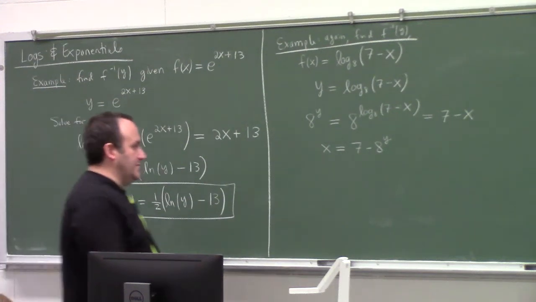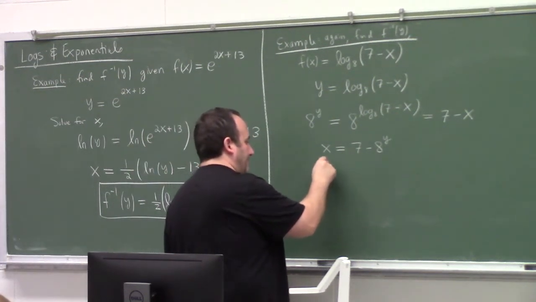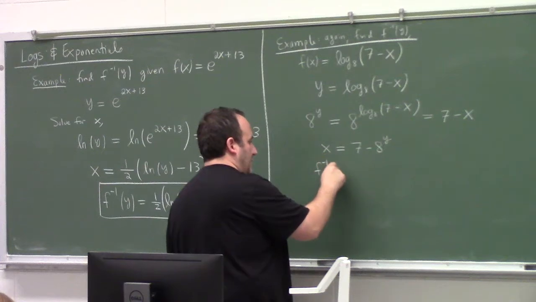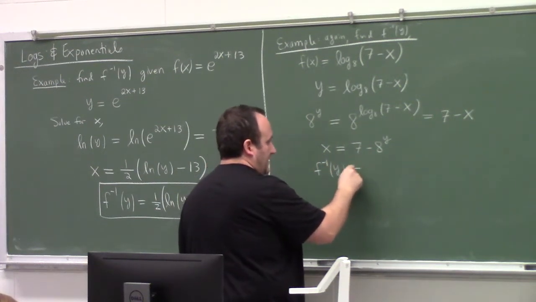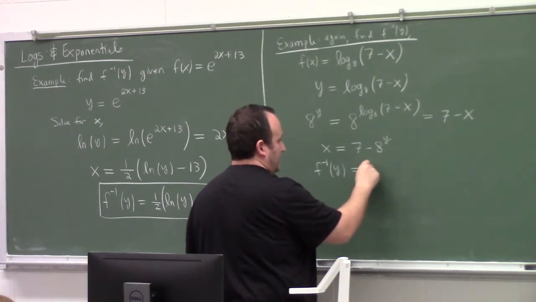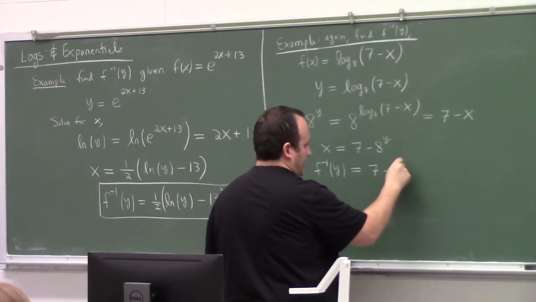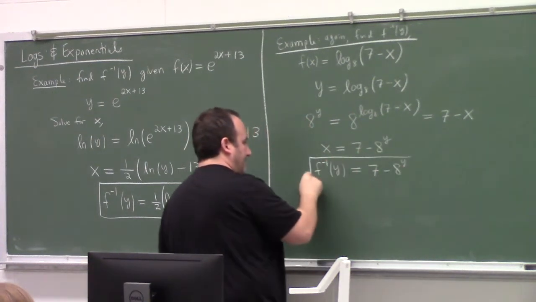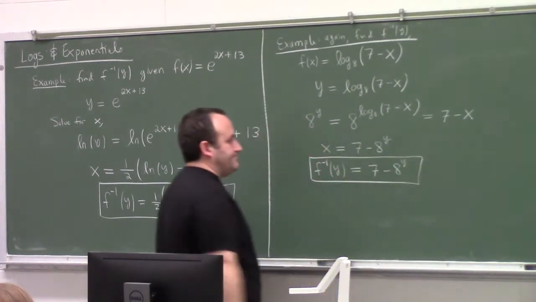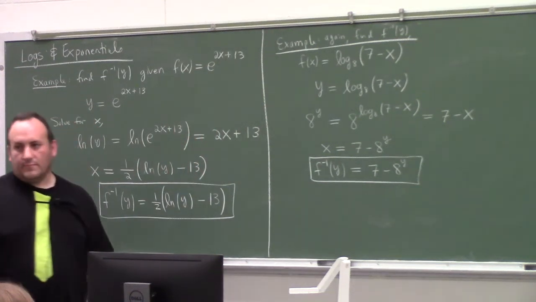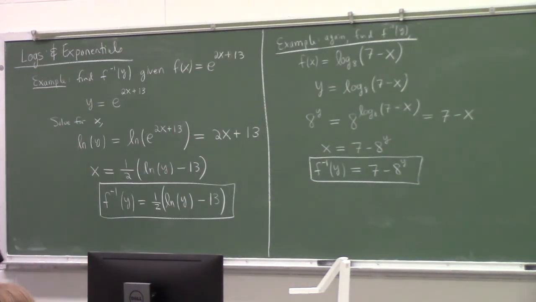And so thus f inverse of y is equal to 7 minus 8 to the y. So if you understood how to calculate f inverse of y previously, there's nothing really too surprising here. It's just using our new exponentials and logs.